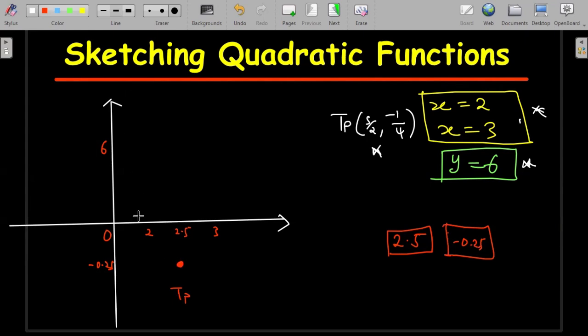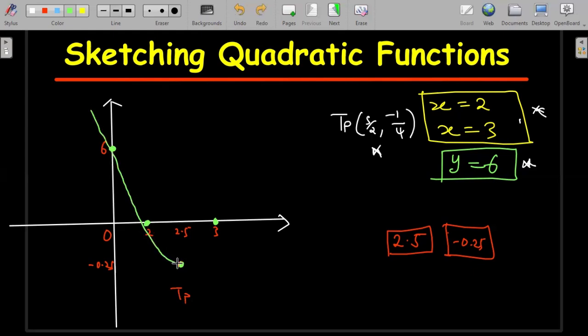And then our x-intercepts, we can see them clearly here. We have 2 and 3 from here. And then my y-intercept is that one, which is 6. So we've plotted whatever we needed. So now we just connect this with a smooth curve like that. Forgive me if my curve is not smooth, but we just have to connect these points now.